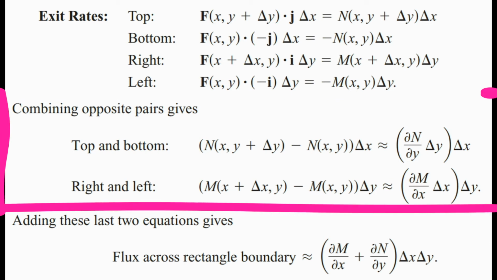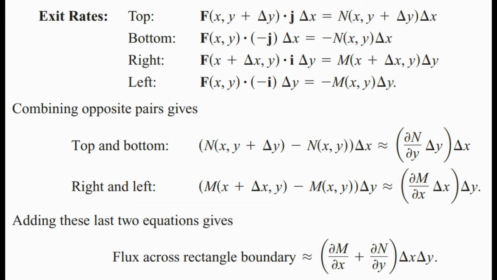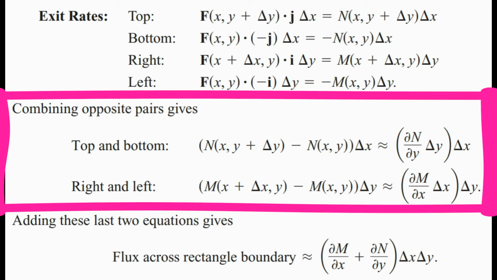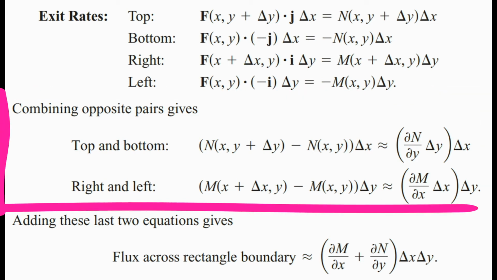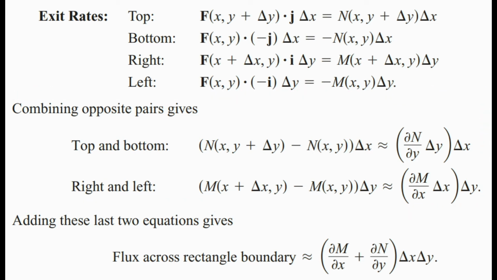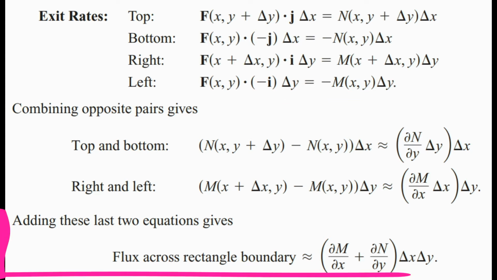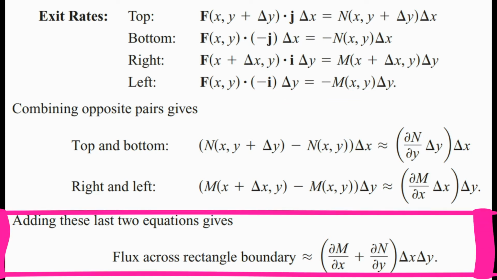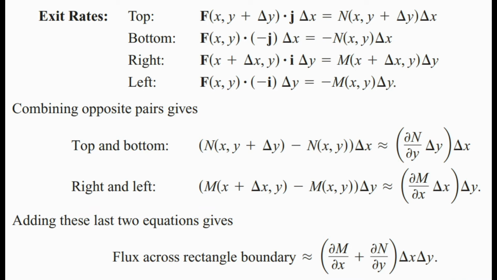Similarly, M(x plus delta x, y) minus M(x,y) is approximately equal to the partial derivative of M with respect to x times delta x. Adding these last two equations, we get the flux across the rectangle boundary is the partial derivative of M with respect to x plus the partial derivative of N with respect to y, times delta x delta y.